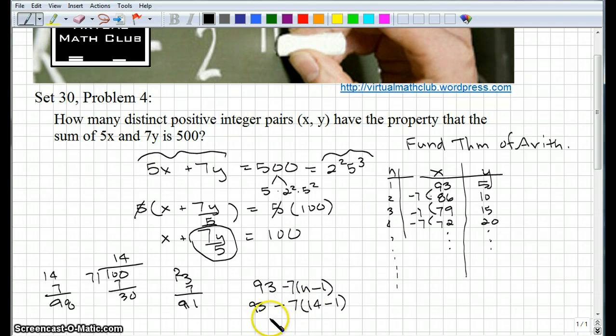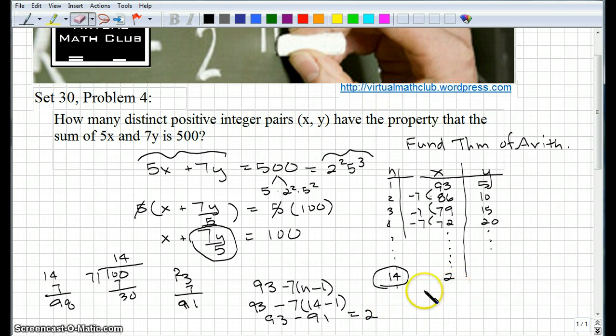So that would give us 93 minus 91, so that gives us 2, all right? So we know that this series will go all the way down to 2, and that n will be 14 when x is equal to 2. And if we go any further than that, we get negative values.